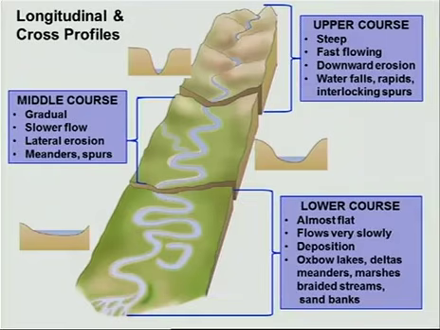Okay, have a look at that. As it goes to the middle course, then the V opens up a little bit. And if you have a look at the lower course, then the cross profile would actually be at its widest there. So please remember these things. It all has to do with the fact that you've got lateral erosion towards the side. That's why it's getting broader. And here the flow is much slower. And this channel of the river is getting broader and broader all the time.